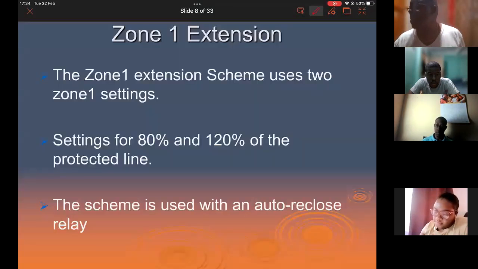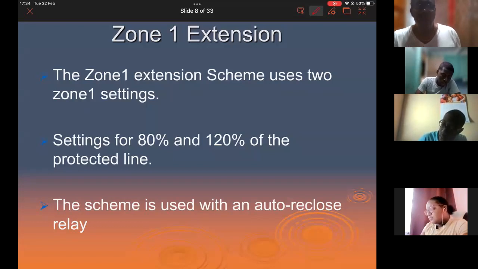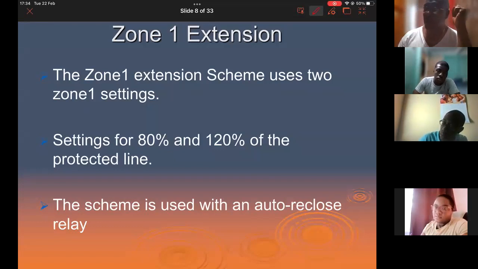So the first scheme we're going to be looking at is the zone 1 extension scheme. Now, your zone 1 extension scheme is used where you're having challenges in terms of communication.